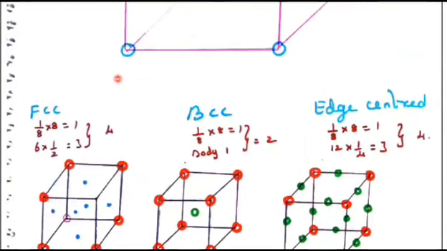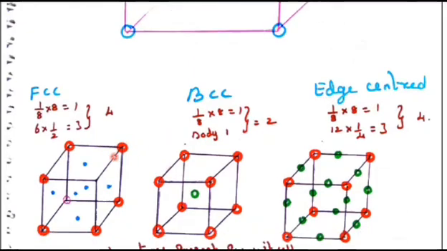In FCC, BCC and end-centered, everything has the corner contribution of 1. Considering the classroom touching the roof and floor, the 6 faces into 1 by 2 is 3. So in FCC, 1 plus 3 is 4. In BCC, 1 plus 1 for the body is 2. In end-centered, 1 plus 3 is 4.